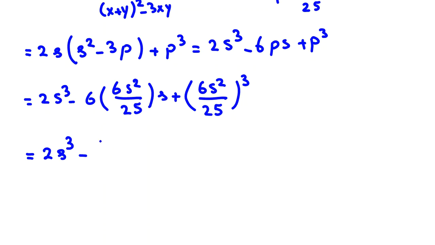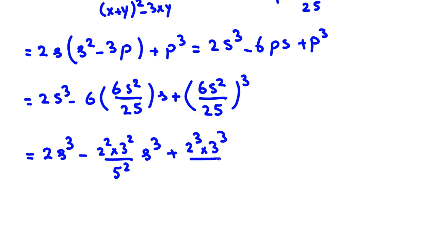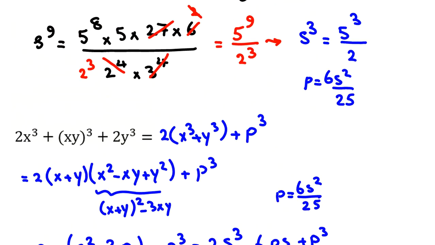Okay, so let's write 6 squared is 2 squared times 3 squared over 5 squared, again what? Times s cubed, plus 6 cubed is what? 2 cubed times 3 cubed, because of this, over 5 squared cubed, which will be 5 to the 6, s to the power of 6. We know s is what?